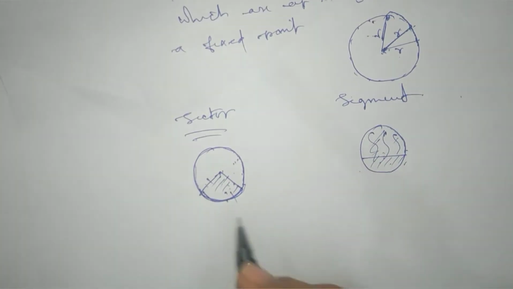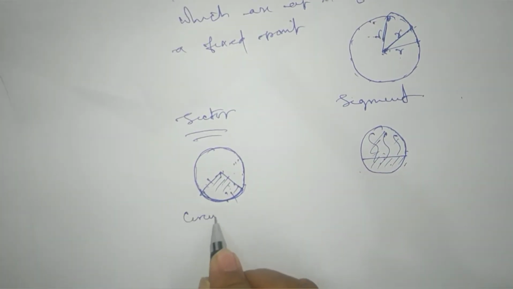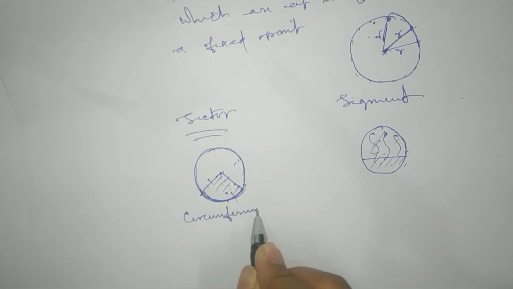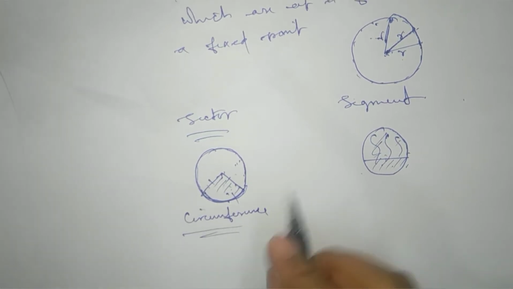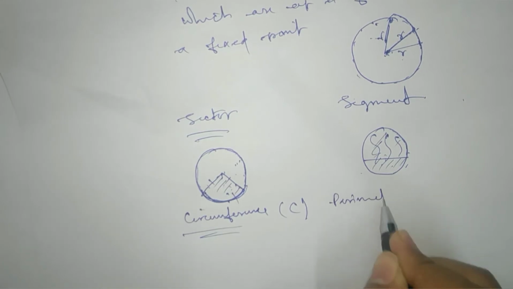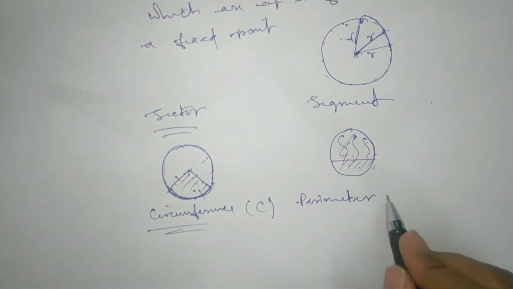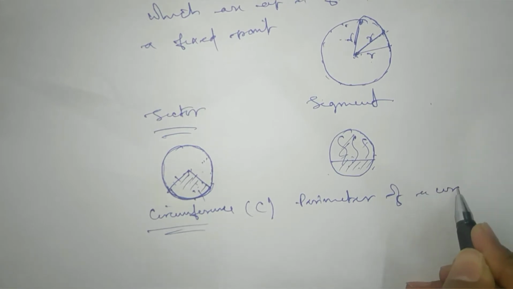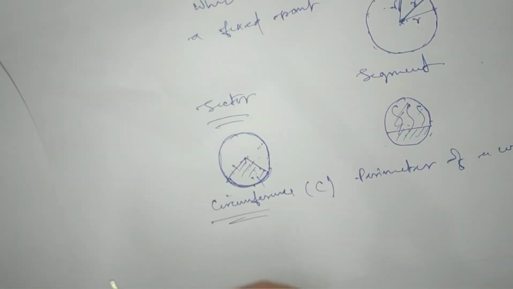Now we're going to see one term, that is circumference. Circumference means what? That is the perimeter of the circle, that means the length of the boundary of a circle. One relation is very powerful.